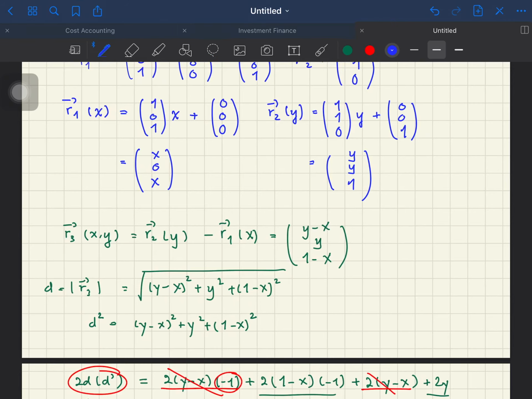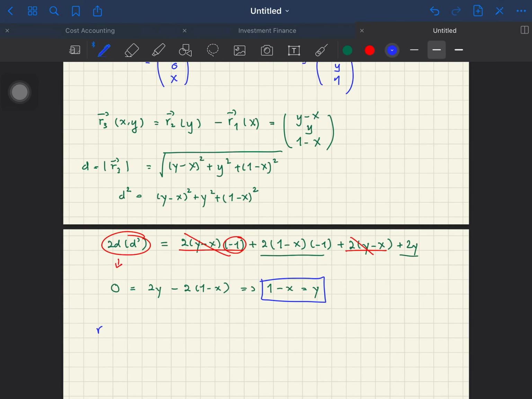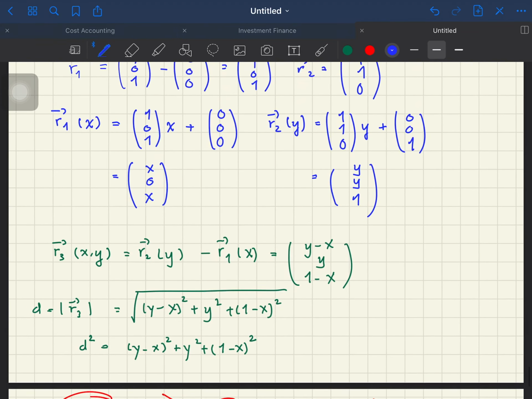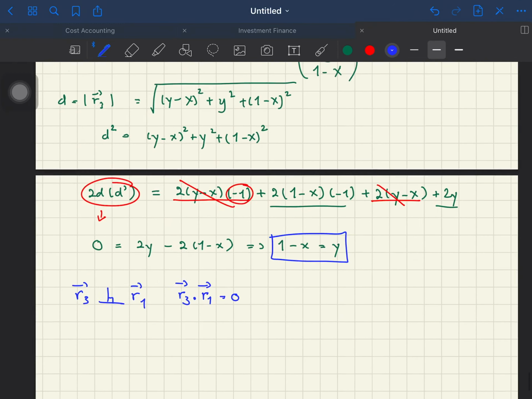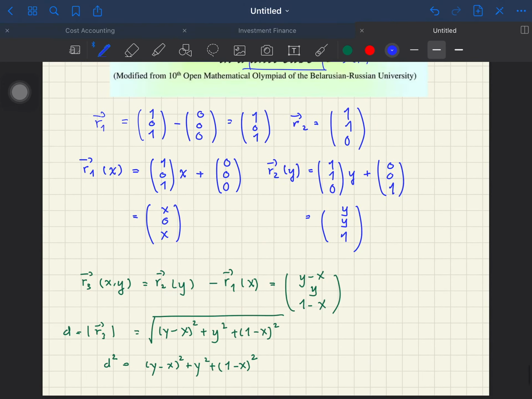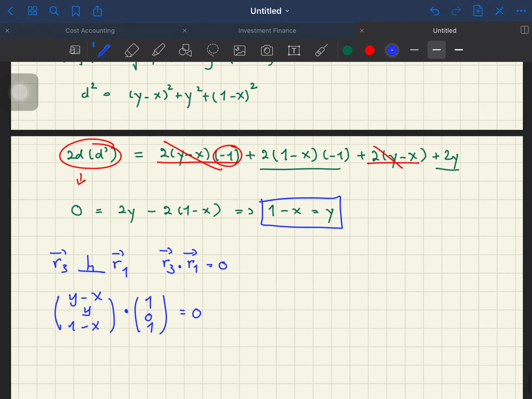If R3 is orthogonal to R1, then the dot product of R3 and R1 must be equal to 0. Or we can do the same thing between R3 and R2, but in this case we do R3 and R1. So R3 is nothing but (y minus x, y, 1 minus x), dotted with (1, 0, 1) here. This equals 0.